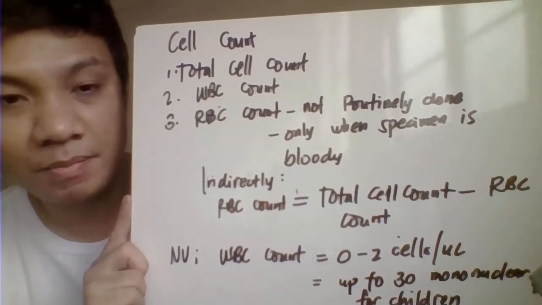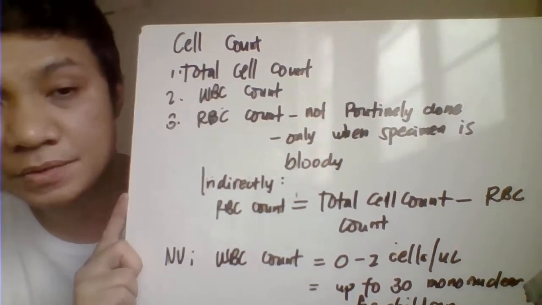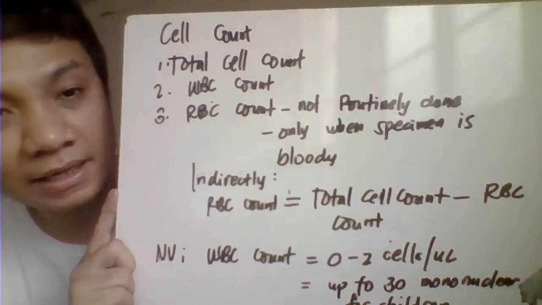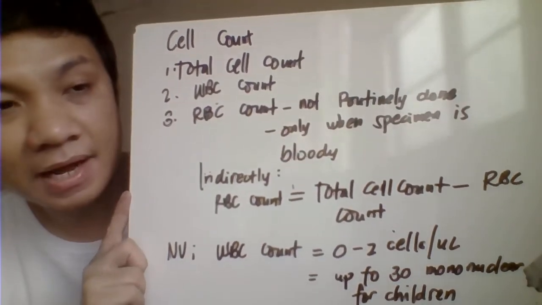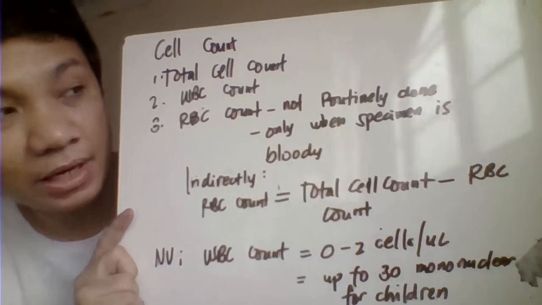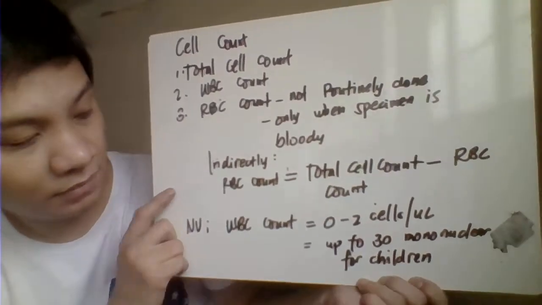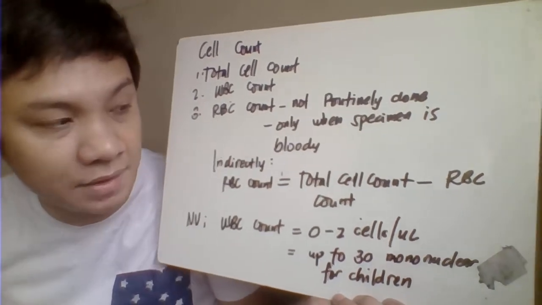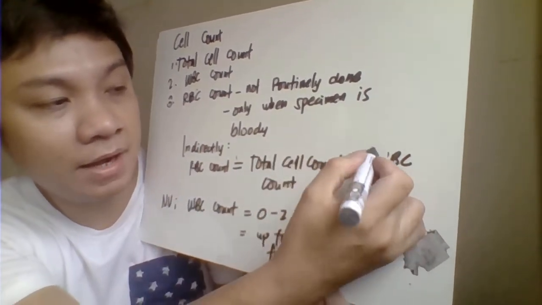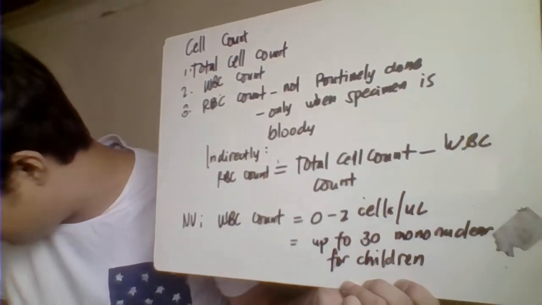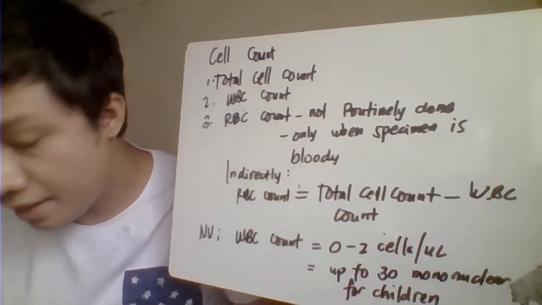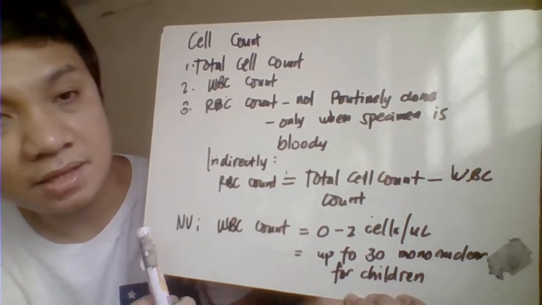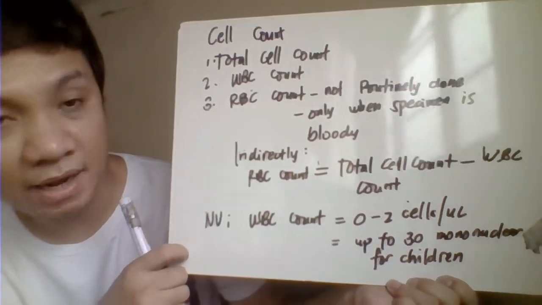We only perform the RBC count if the specimen is grossly bloody, or you could obtain it indirectly: perform the total cell count, then the WBC count only. Whatever the difference between the two becomes your RBC count.